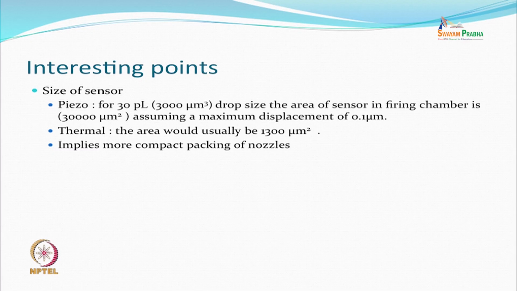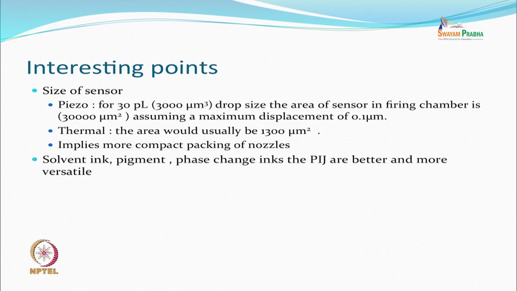So the piezo sensor also means that more compact packing of nozzles has to be done. How compact can you make the nozzles? That is the part of the design which always has some challenge or the other. For solvent inks, pigment based inks and phase change inks, the piezo inkjet heads are considered better and also more versatile.